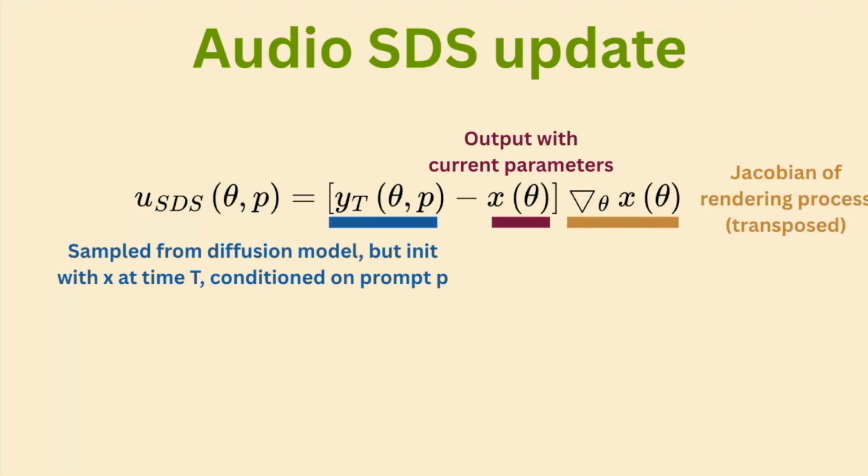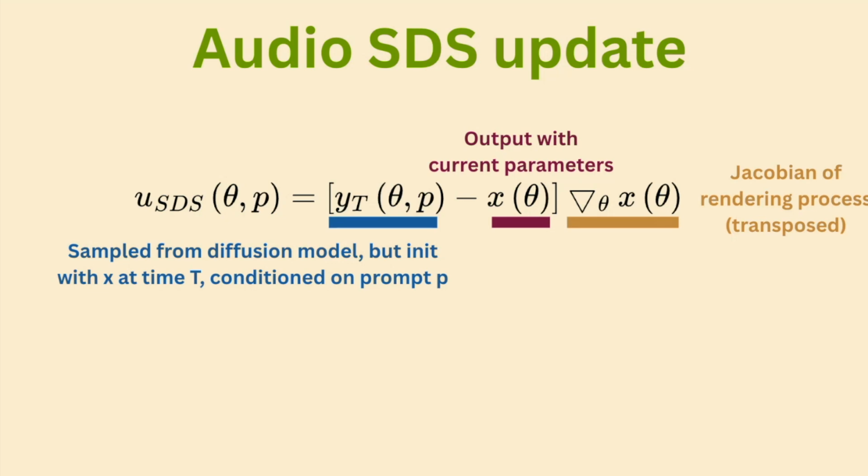The point is that you're using the diffusion model to update this output to be better aligned with the prompt. But you're not just sampling from the diffusion model itself. It's like an interpolation between those things, but using the SDE or the Markov chain of the diffusion model itself.